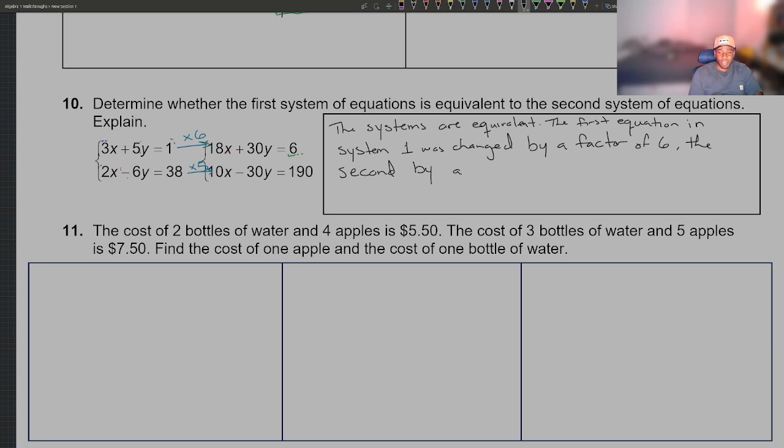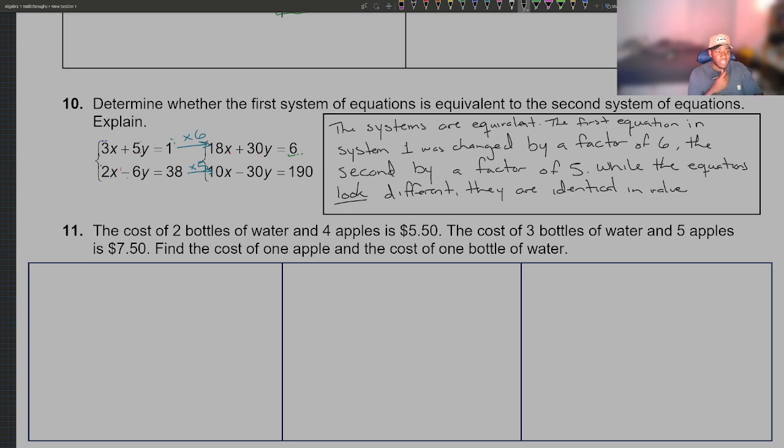The second by a factor of 5. While the equations look different, they are identical in value.